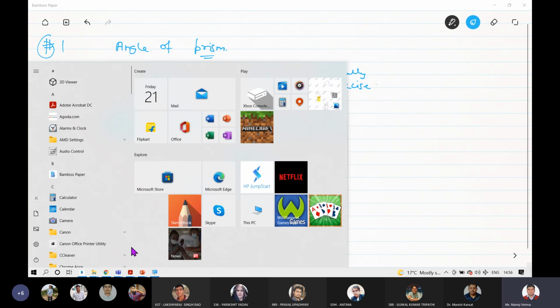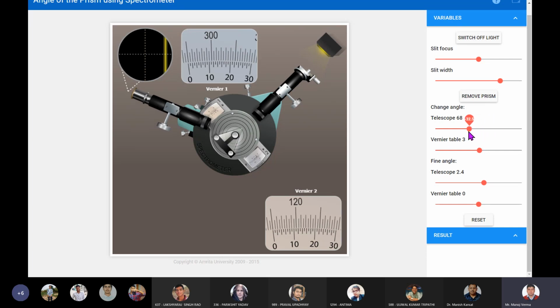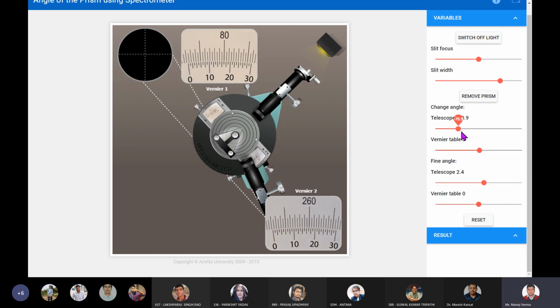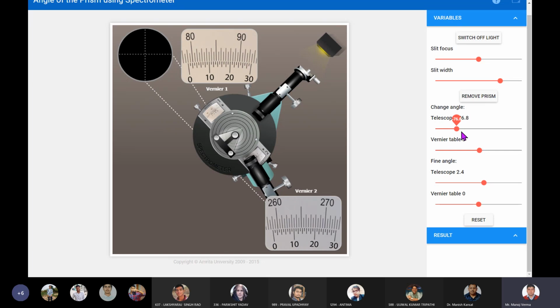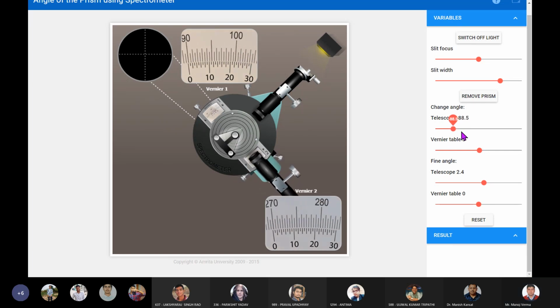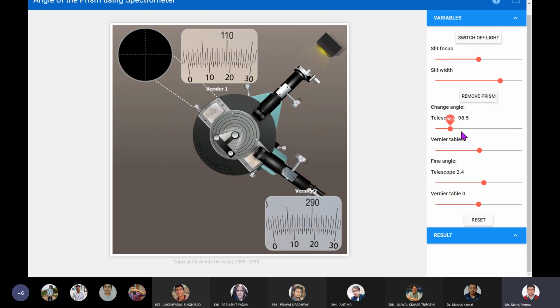Again, I will change the position. I will change the position of the telescope, and I will try to look at the reflected ray from this side now. Okay, for this I have to move my telescope. And I want to see the reflected light coming in this direction.